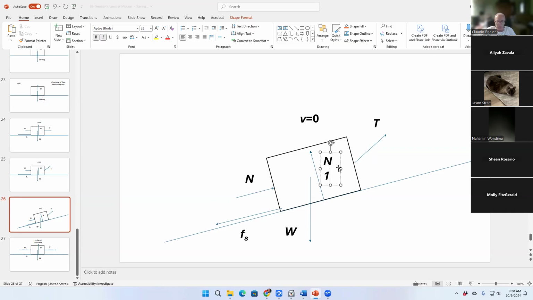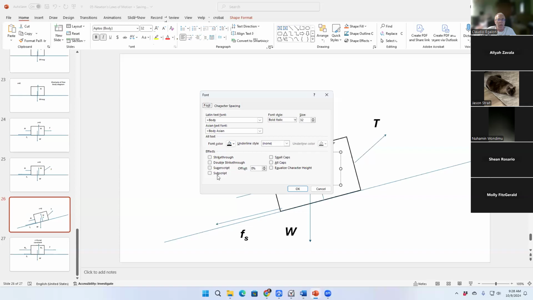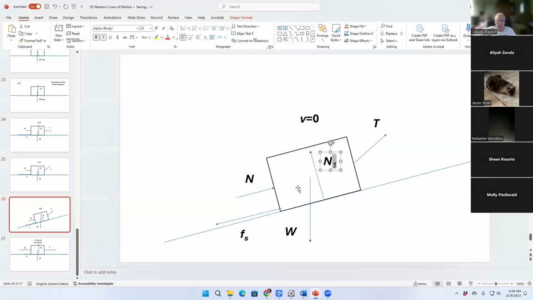And I'm going to name it. This one has to be N1. This problem is a little bit more challenging because the object is on an inclined plane. The object is at rest.